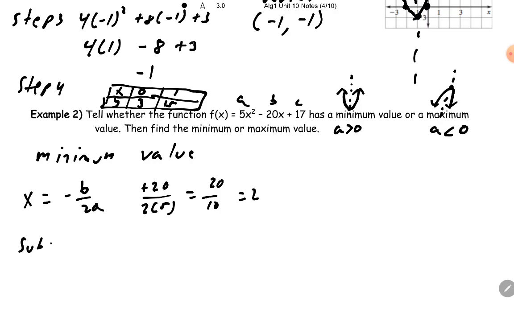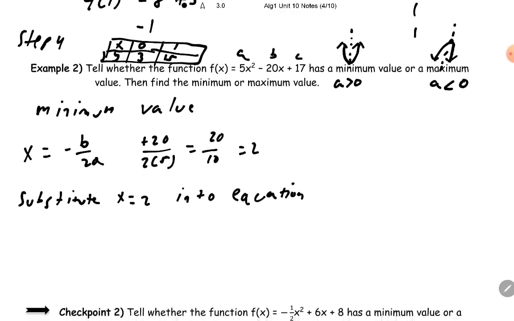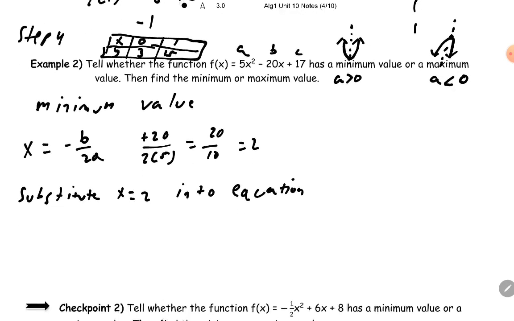Okay, we're going to substitute x equals 2 to find our minimum value. Alright, so not only will this find our minimum value, it will also find us our vertex if we ever wanted to graph it. So 5 times 2 squared minus 20 times 2 plus 17.